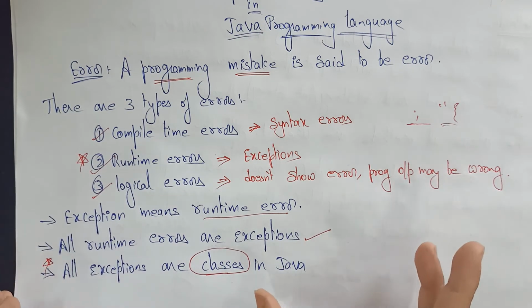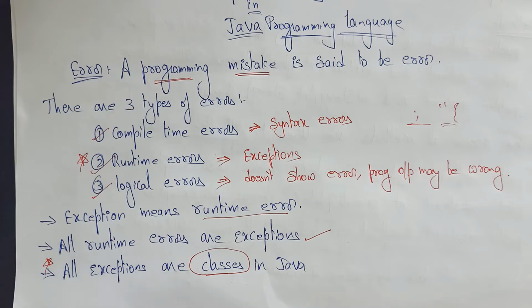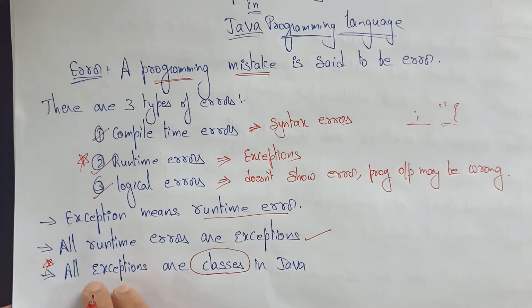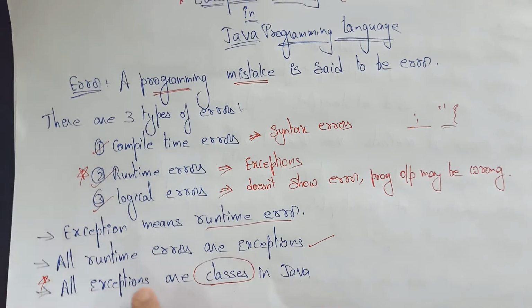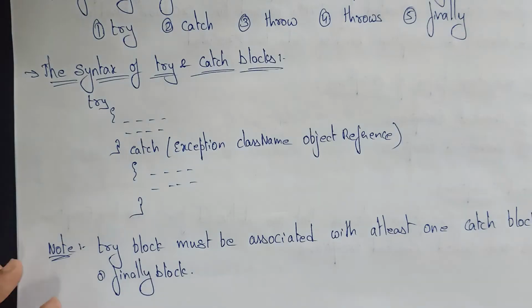So in Java programming, predefined exception classes are there. Whenever a program has some mistake and shows an exception, it will call the related exception class. I'll explain that also. Don't get confused, but remember that all exceptions are classes in Java.